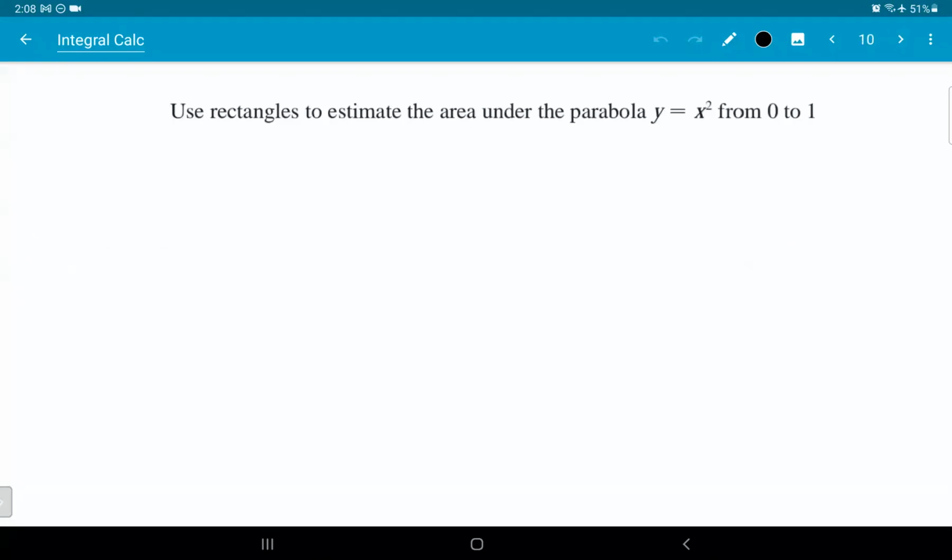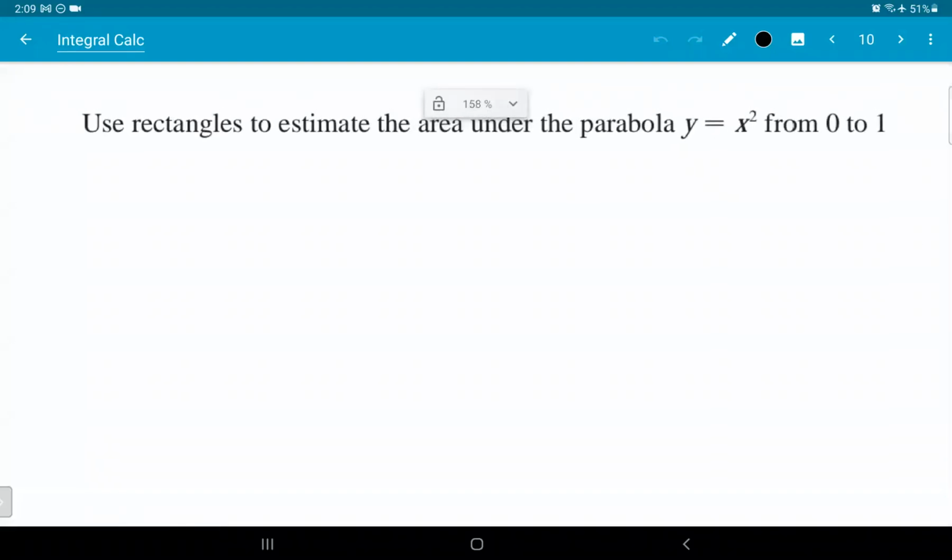So now here, okay, we will be starting with the area problem.